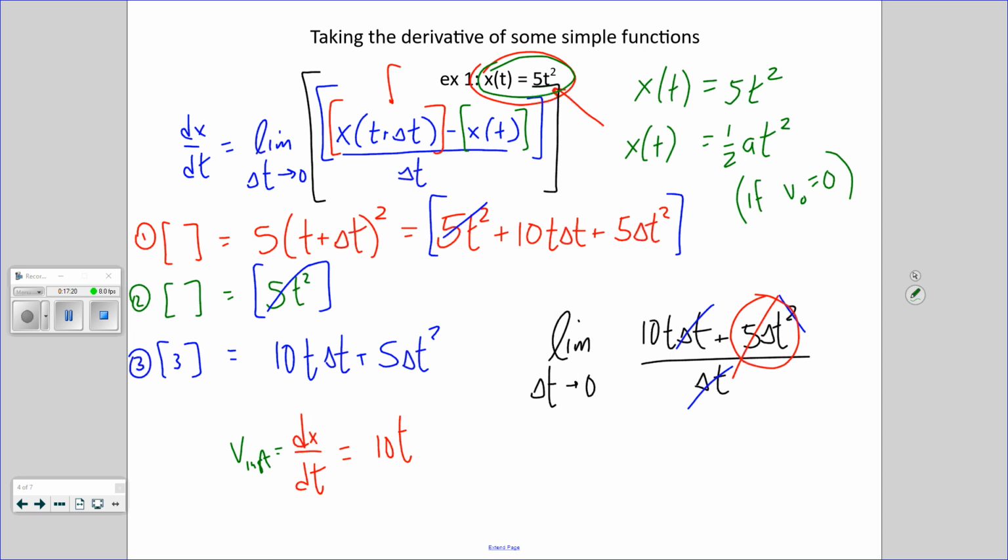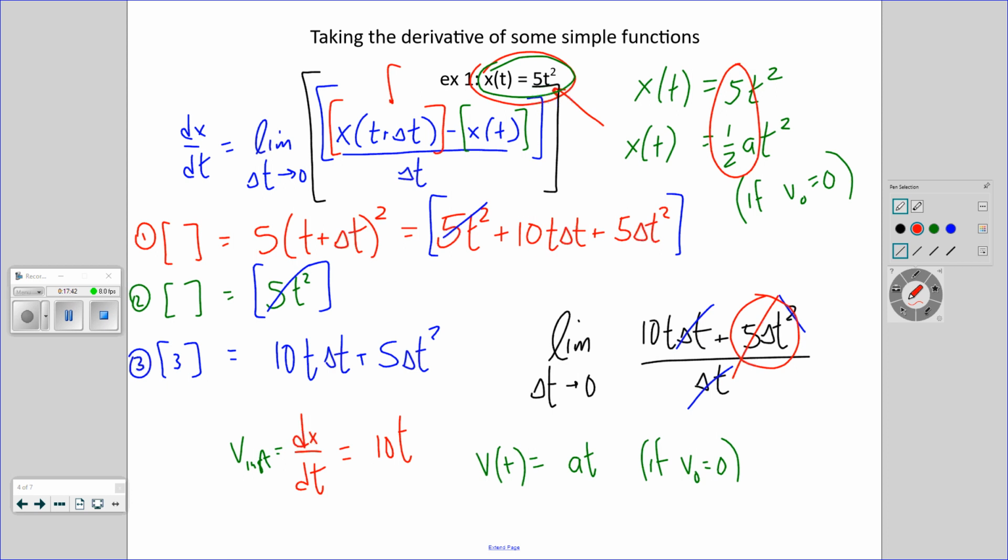And doesn't that look sort of like v as a function of t is at, as long as v naught equals 0? Because v as a function of t is v naught plus at. And we said 1/2 a must equal 5.